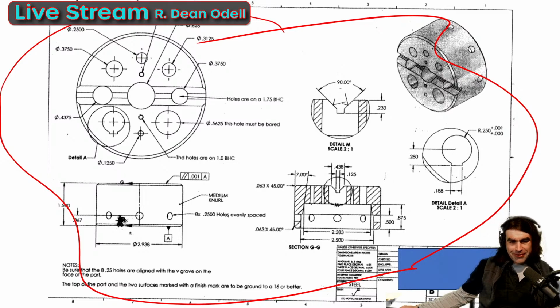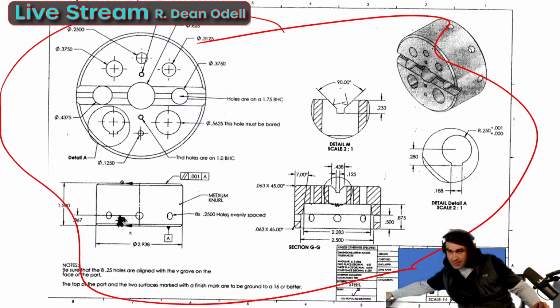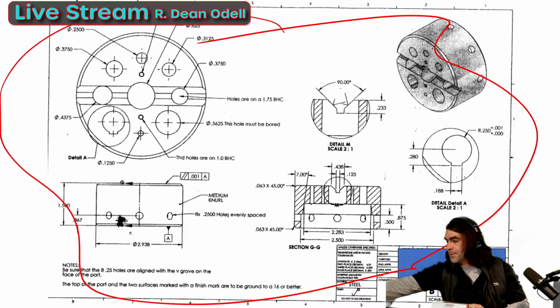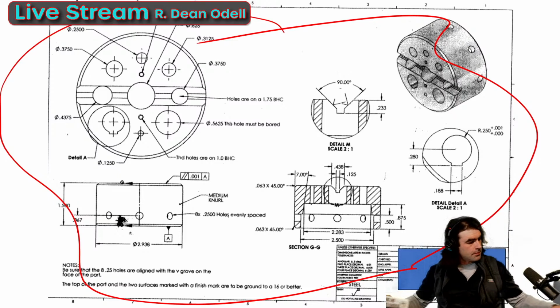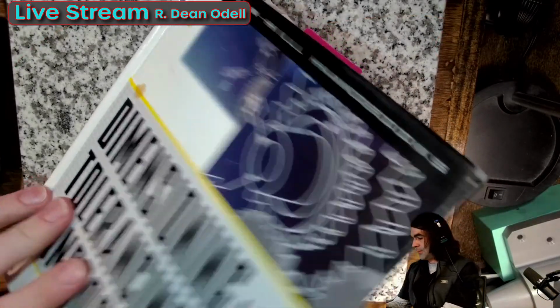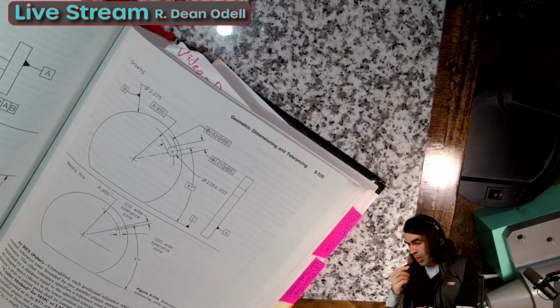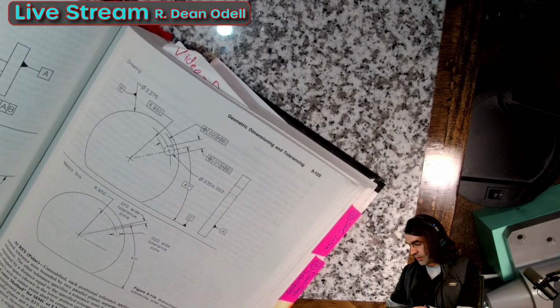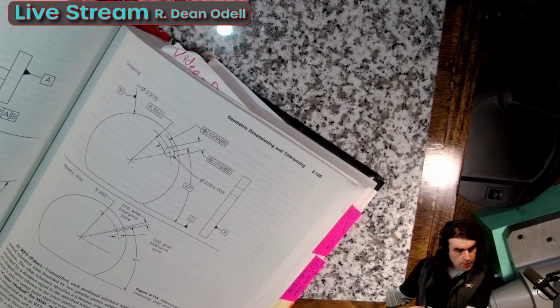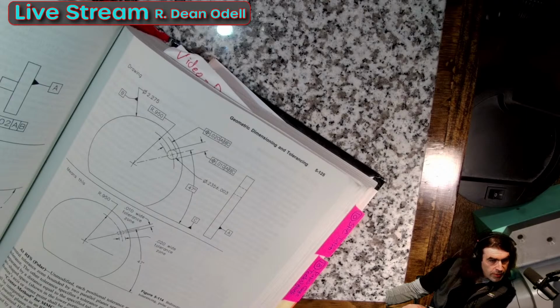Drawing from the Drake book, page 5-127. So the drawing, page 5-127.